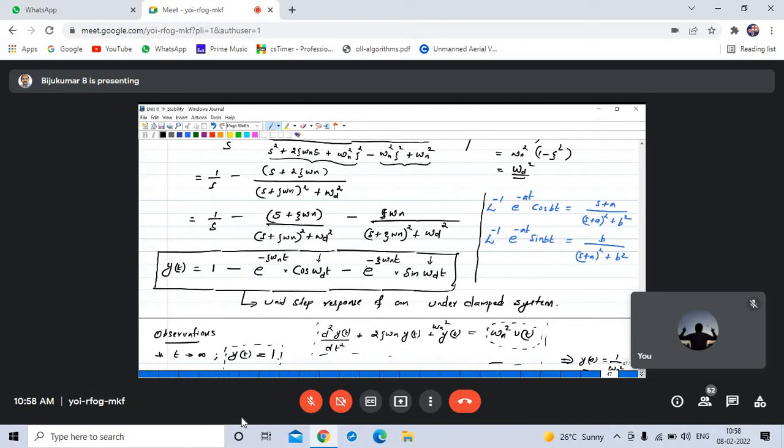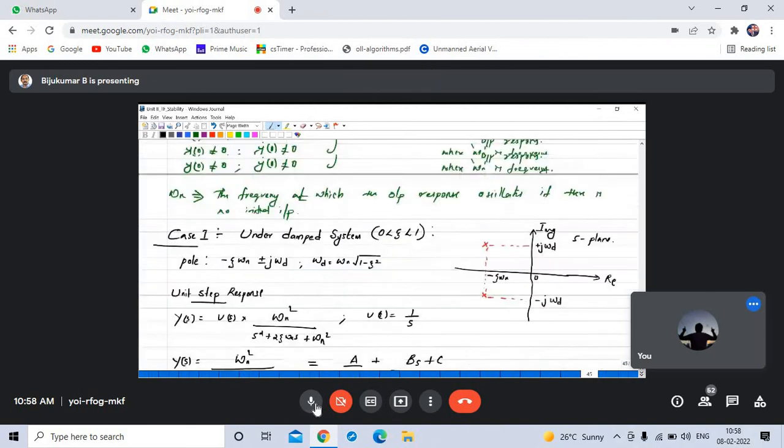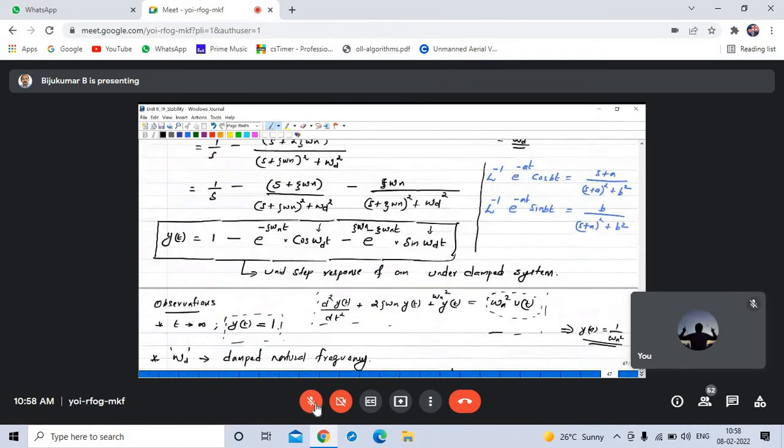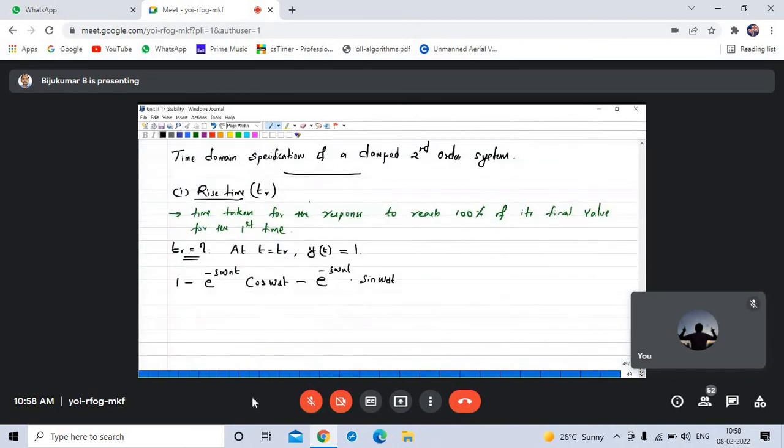Zeta omega n is missing, right? Now it's correct, right? Okay. Divided by omega d, now multiplied by zeta omega n divided by omega d.